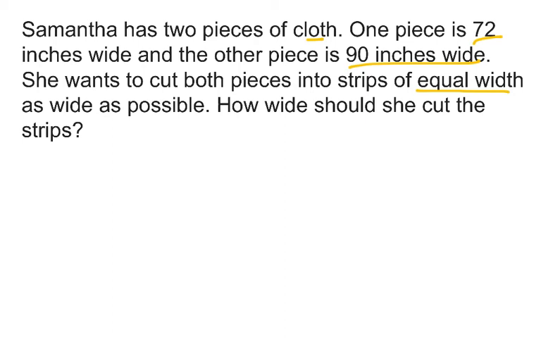So this is one of those problems where we need to ask ourselves a few questions. So we've underlined the pieces of cloth are 72 and 90 inches wide. How wide should she cut the strips so that they are the largest possible equal lengths? So this problem can be solved by using greatest common factor, because we're cutting, or we are dividing, the strips of cloth into smaller pieces, so we are factoring.